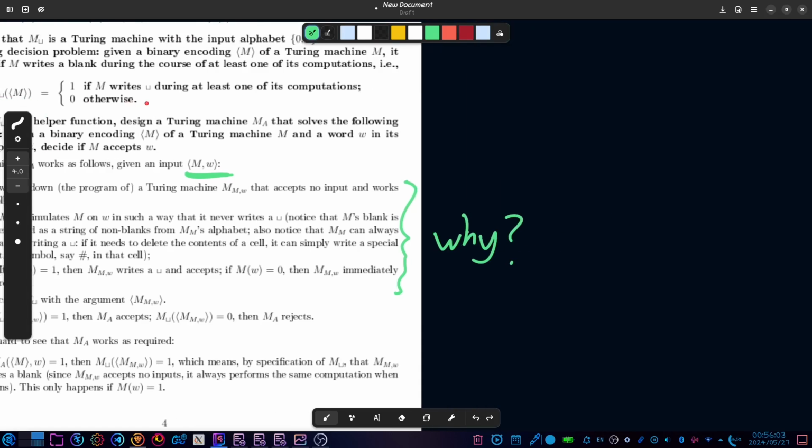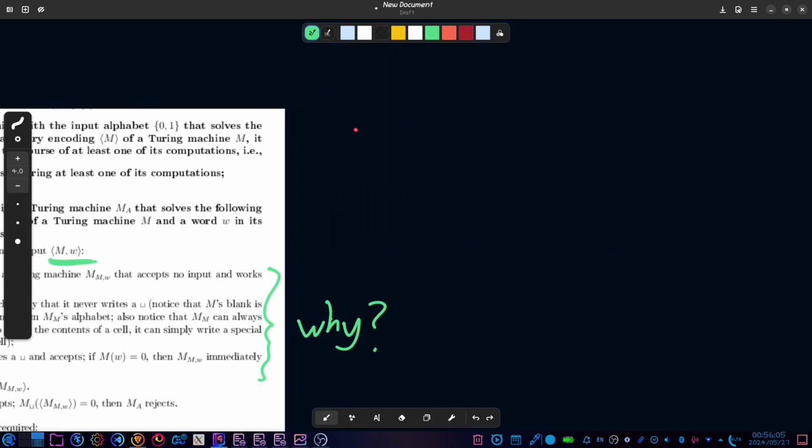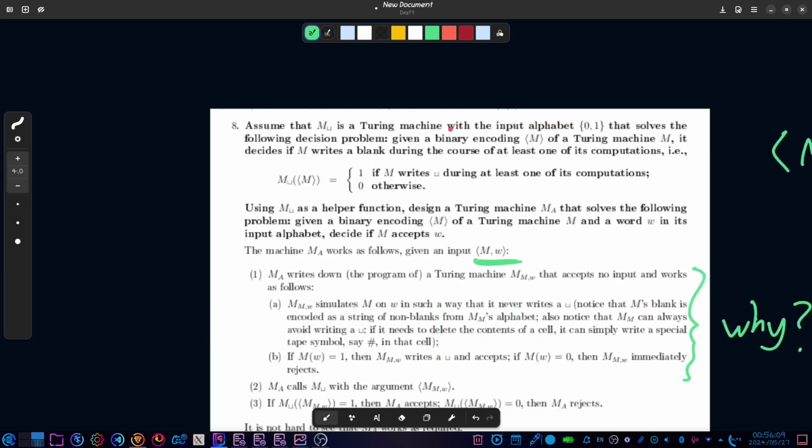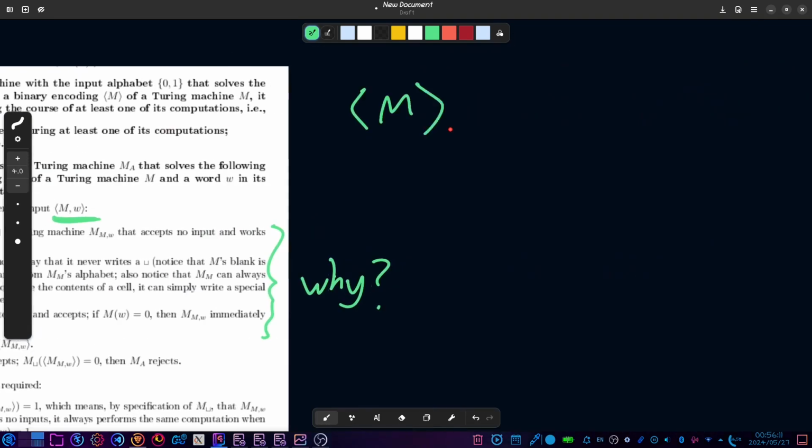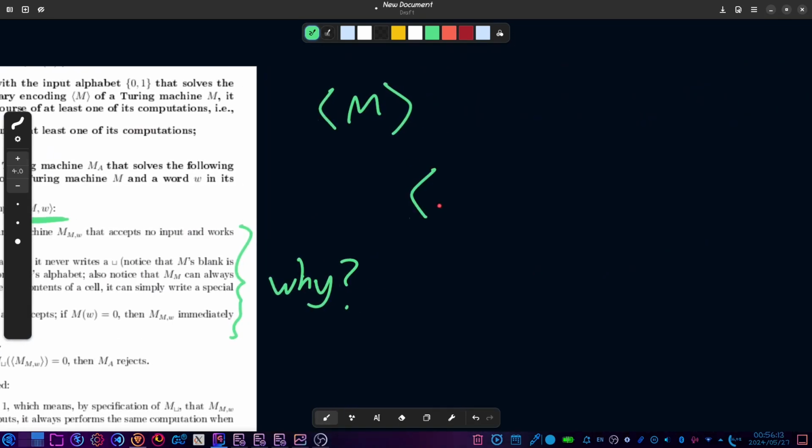The language of this Turing machine is a set of Turing machine encodings. It's not a set of Turing machines attached to words, and it's not just a set of arbitrary words. It's a set of Turing machine encodings specifically.